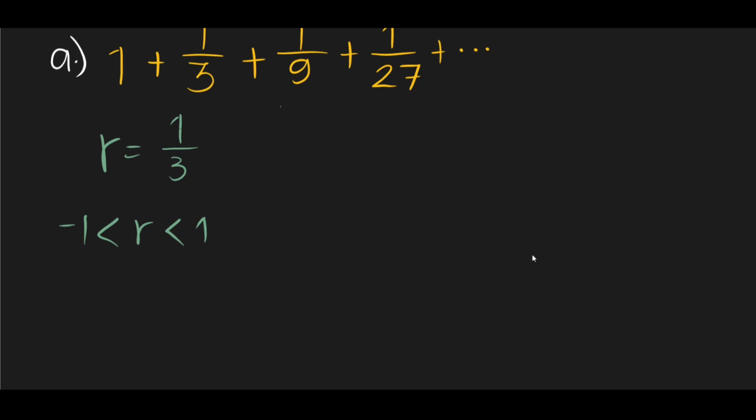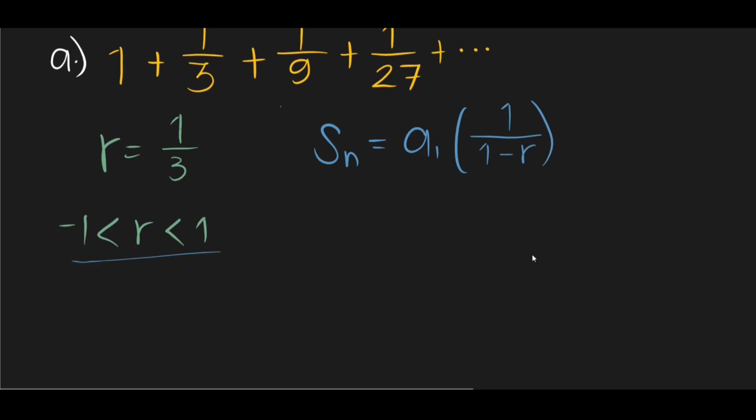Okay, so let's use the formula. Sn is equal to A1 multiplied by 1 over 1 minus R. This is the formula if our R value is within this range.